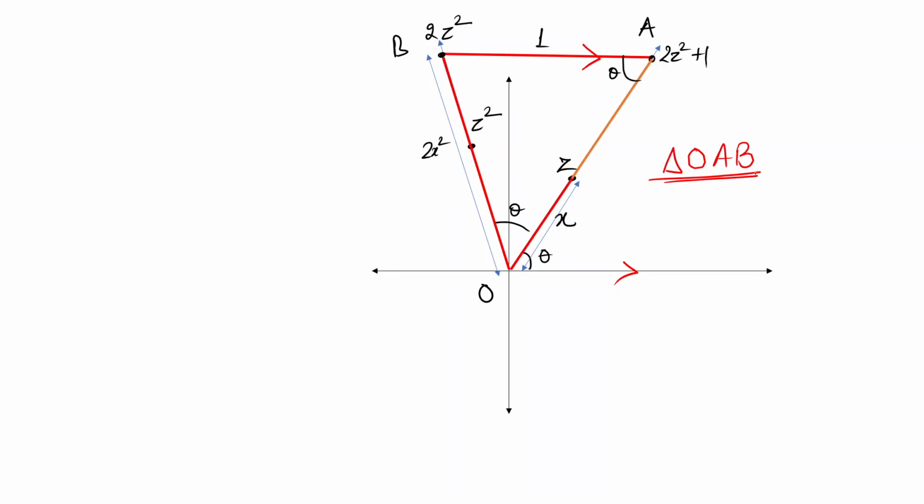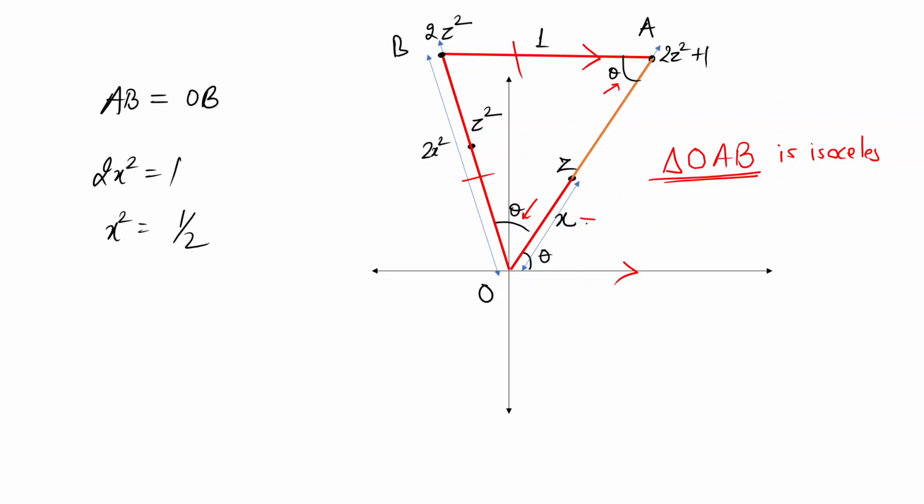Triangle OAB is isosceles. Because of that, these two angles are equal, and because of that, these sides should be equal. So very simply, AB is equal to OB, and then 2x squared will be 1, so x squared will be 1 by 2. What is x? x is basically mod of z, right? So mod of z squared is half.